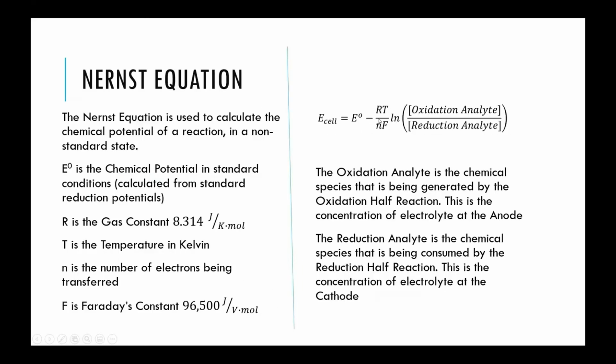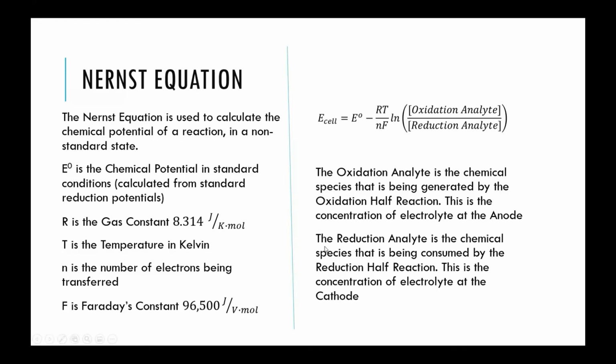And then it's taking into account the temperature and the concentrations of the two different components. So the Nernst equation is E0, the standard potential, minus the gas constant times the temperature in Kelvin, divided by the number of electrons being transferred in the redox reaction.